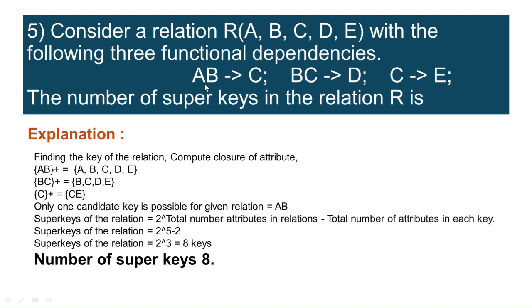The formula for the number of super keys is 2 raised to the power of the total number of attributes in the relation minus the number of attributes in the key. Here AB plus gives us 5 total attributes, and subtracting the number of attributes in the key, which is AB, the final result is 2 raised to power 5 minus 2, that is 2 raised to power 3, that is 8 keys. Therefore the answer is 8.